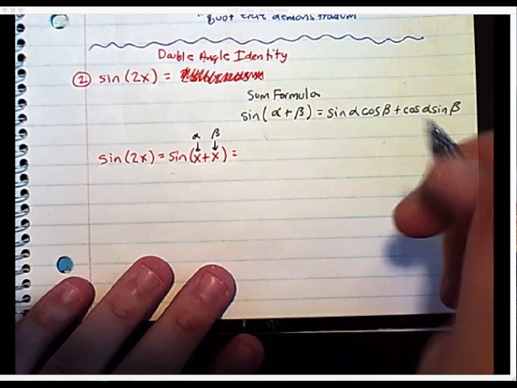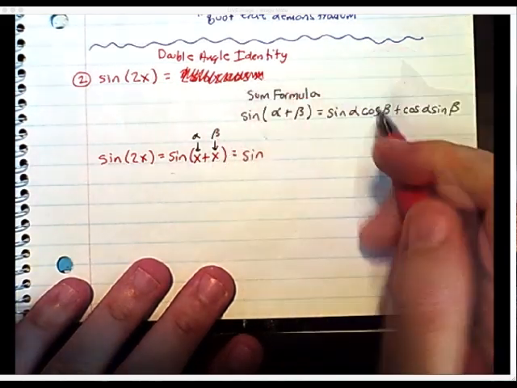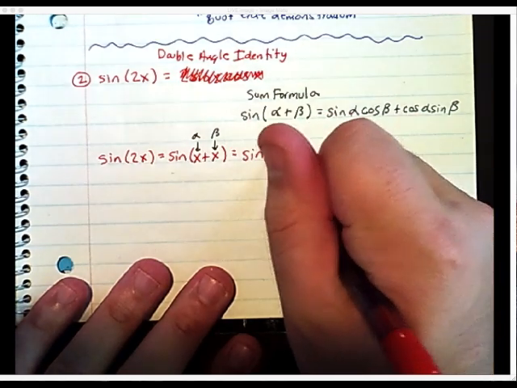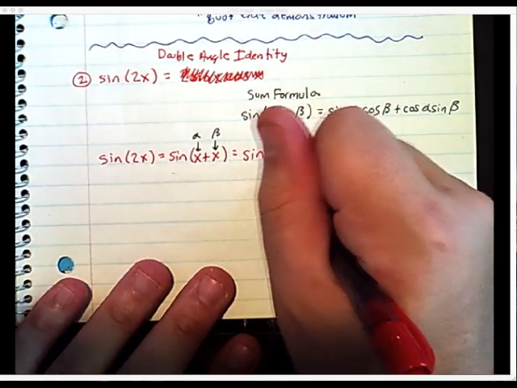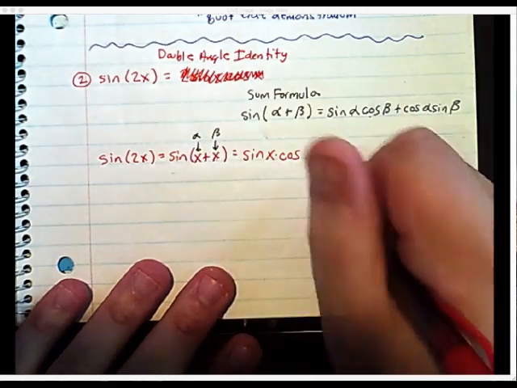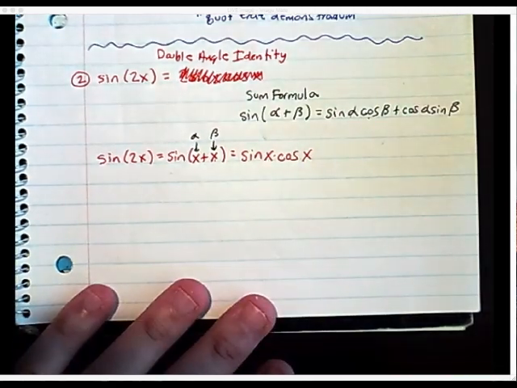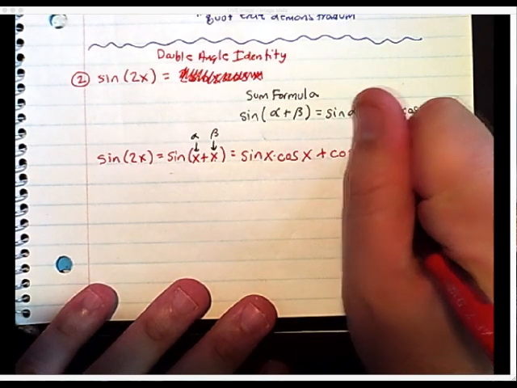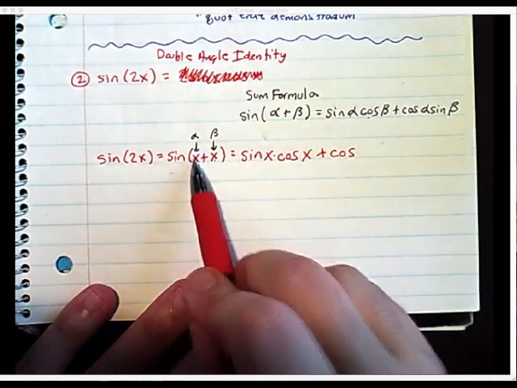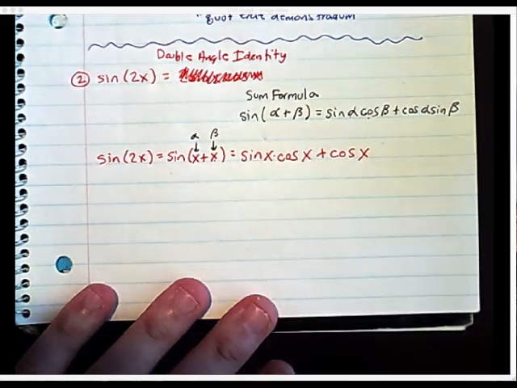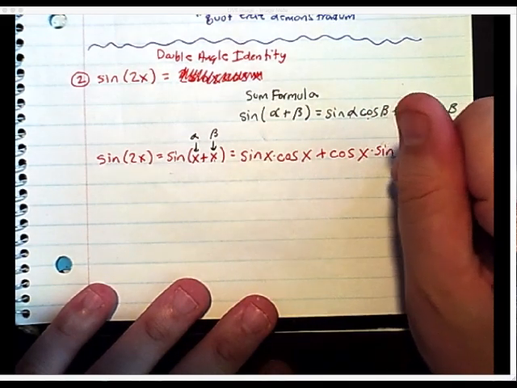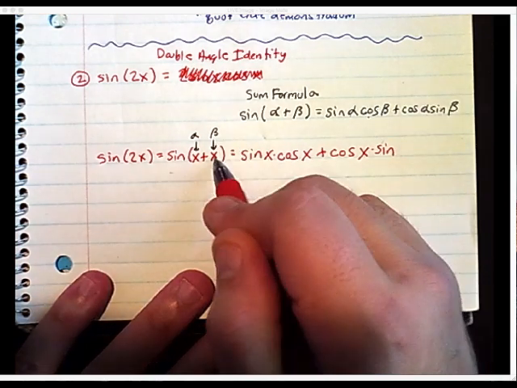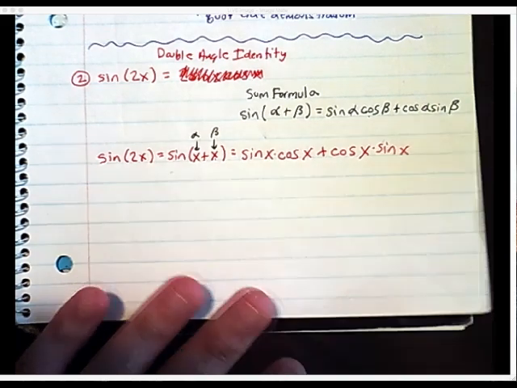It says take the sine of the first angle, which is x, times the cosine of the second angle, beta, which is also x, plus the cosine of alpha, which is x, times the sine of beta, the second angle, which is also x.